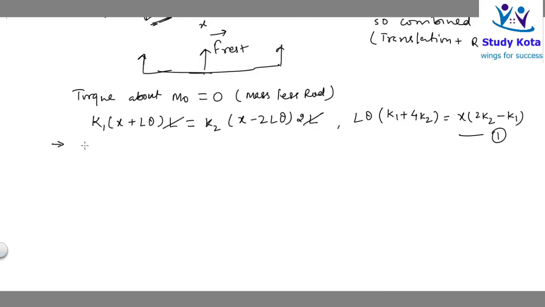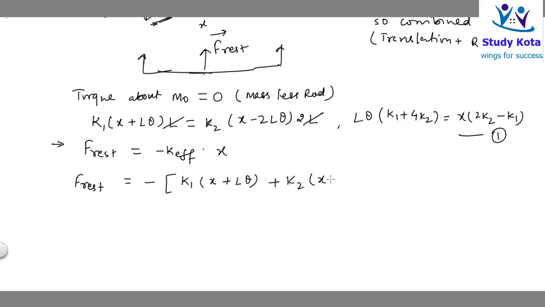Now, dear students, we have to find F restoring, which will be minus k effective into x. So we need to find k effective. From the problem, we can write the restoring force as minus of k1 into x plus L theta, plus k2 into x minus 2L theta.